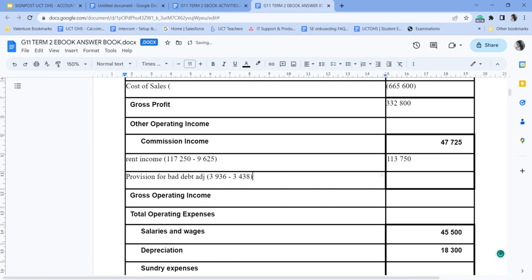And then the difference goes straight to my income. Okay, so this is what I'm getting. And just by doing this, I am done with my income side of things, which means that now I can close off my incomes.